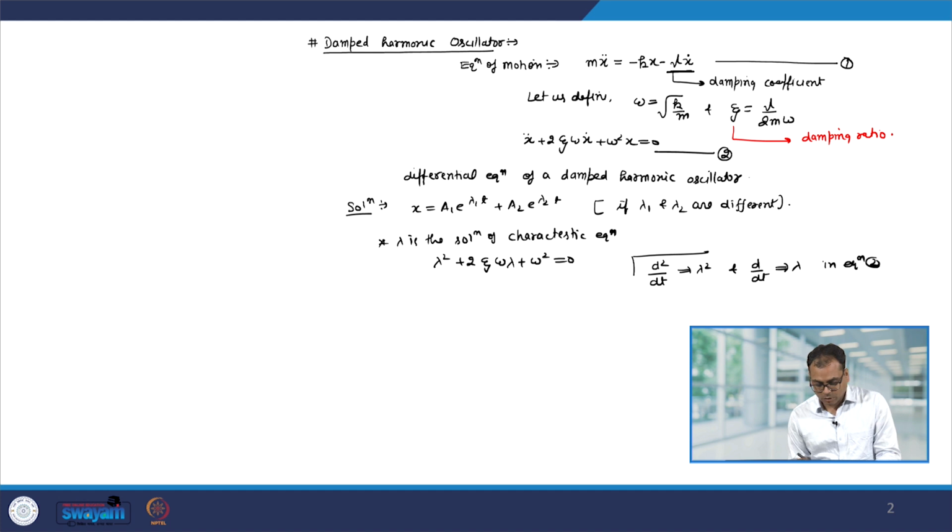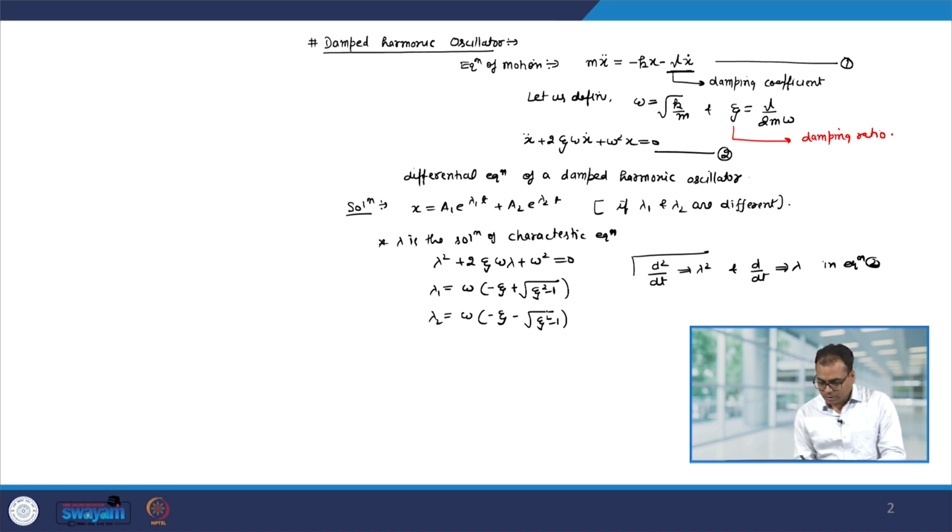Its solution will be lambda 1 equal to omega times minus zeta plus square root zeta square minus 1, and lambda 2 will be omega times minus zeta minus square root zeta square minus 1.